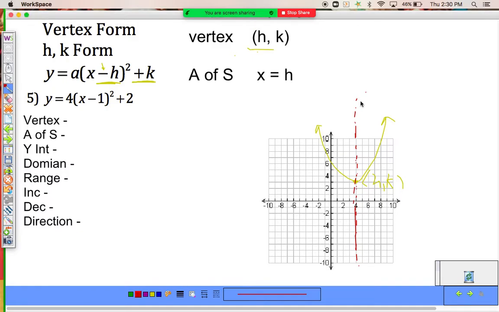This equation is going to be the line x equals h. My axis of symmetry is going to be the line x equals h. And that h is going to come from the vertex. So once I get my vertex, I'm going to set x equal to h, and that's going to be my axis of symmetry.